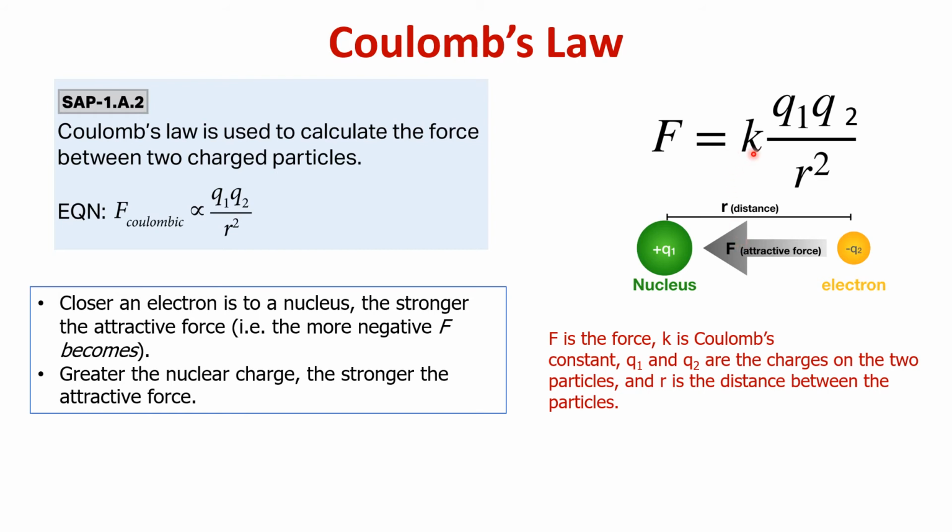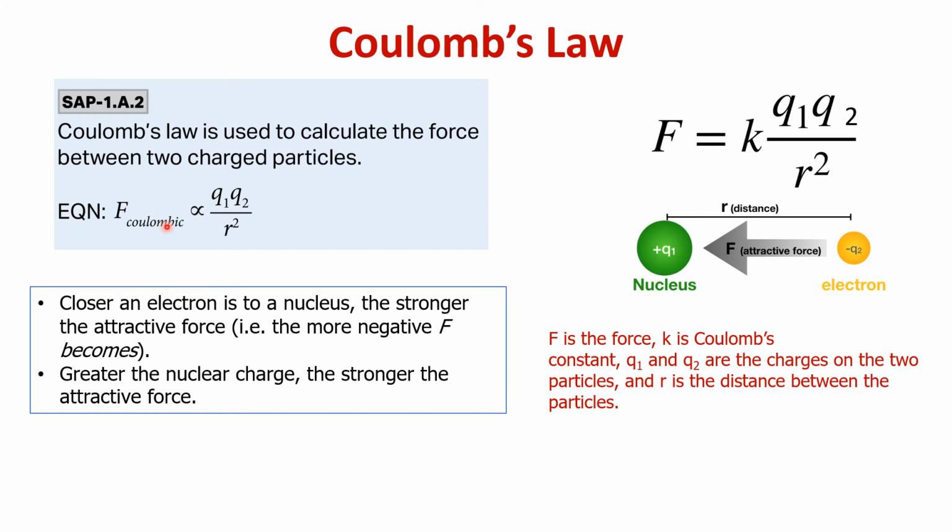is equal to small k q1 q2 upon r square, where q1 and q2 are the charges of the nucleus as well as the electron, and r is the distance between the charges. So Coulomb's law is used to calculate the force between two charged particles.